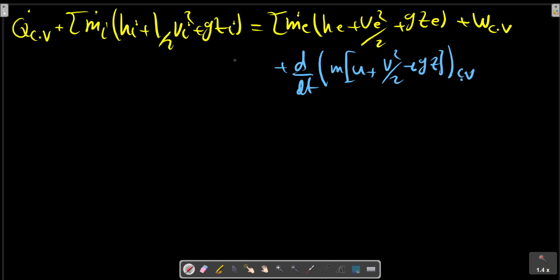Applying integration to this relation, the first part, integral of Q dot control volume dt, is Q control volume.